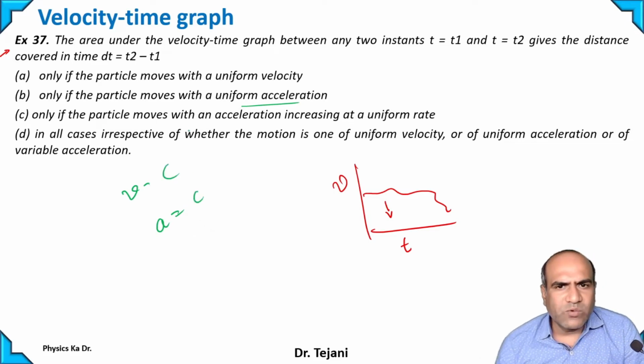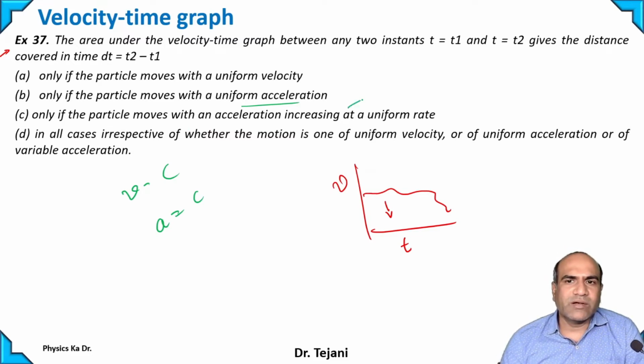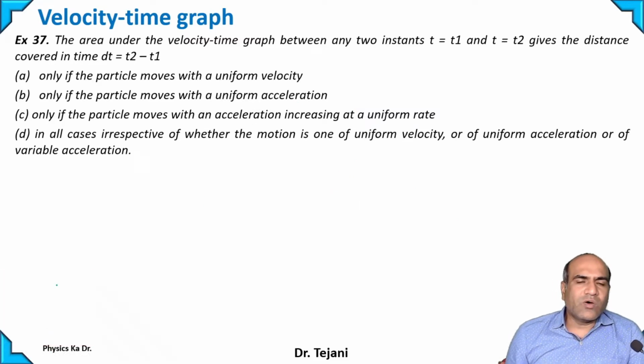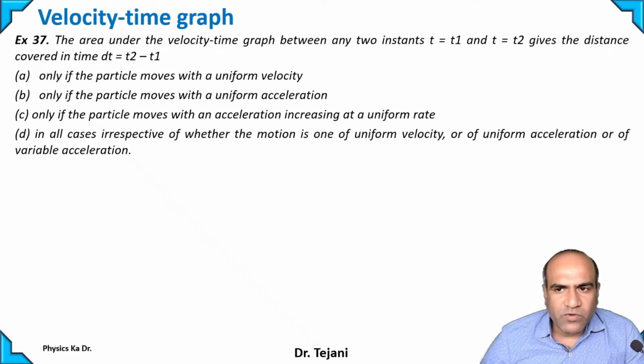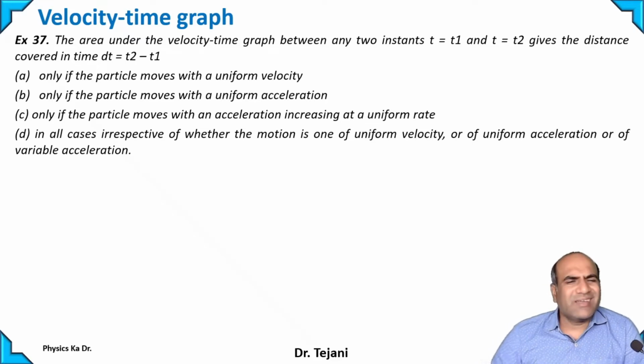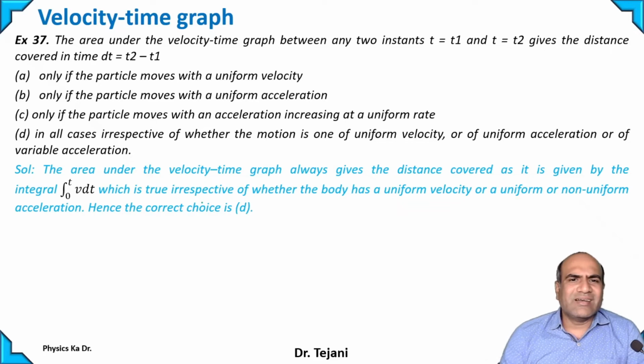Only if the particle moves with an acceleration increasing at uniform rate, or in all cases, irrespective of whether the motion is one of the uniform velocity or uniform acceleration? See, it is simple. The area under the velocity curve always gives distance covered, irrespective of any condition.